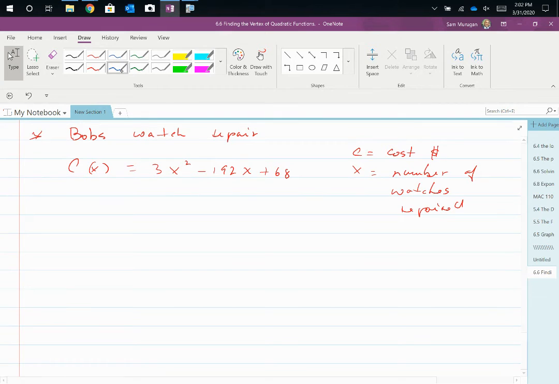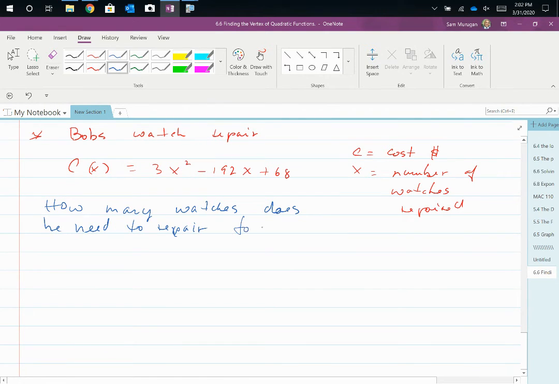The question they want us to answer is how many watches does he need to repair for minimum cost.